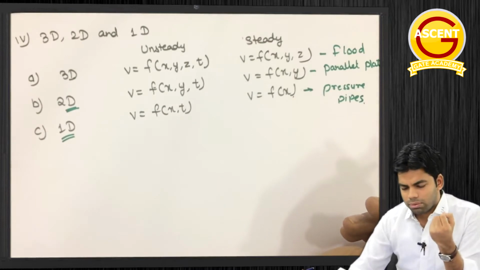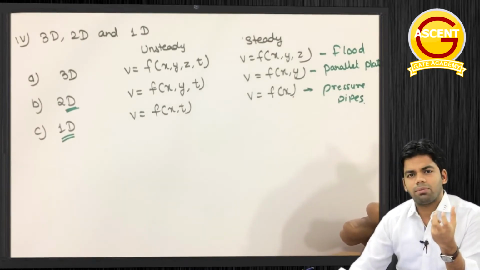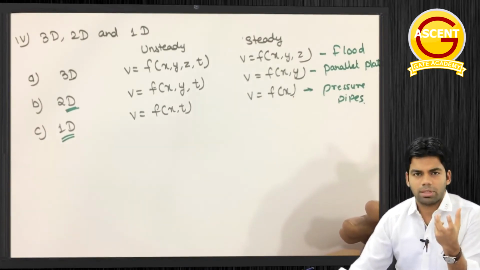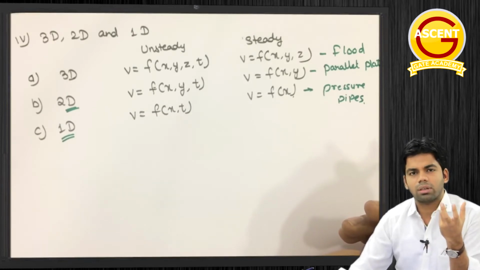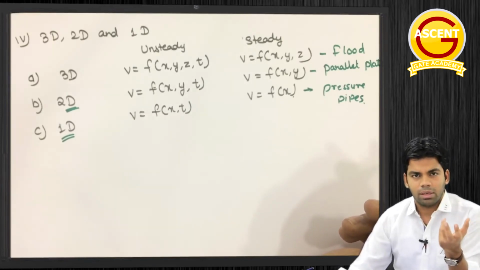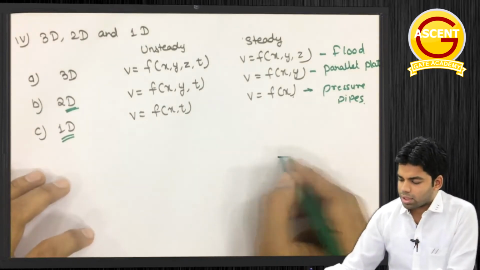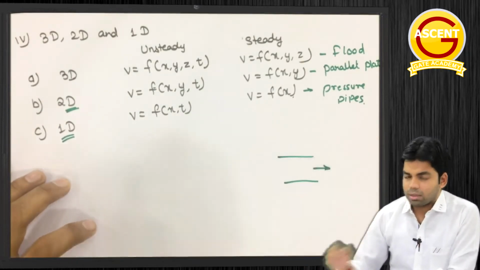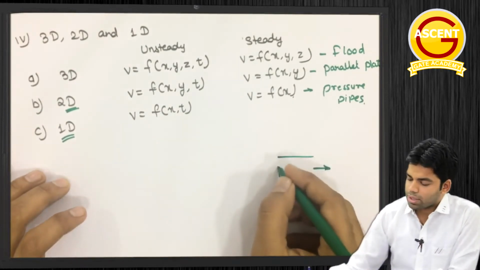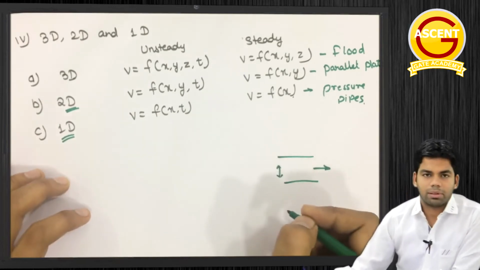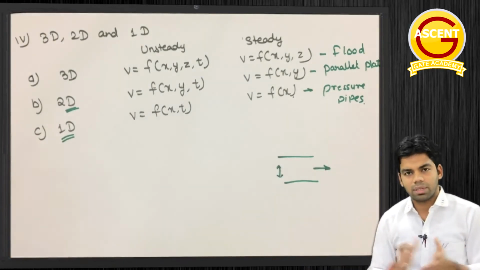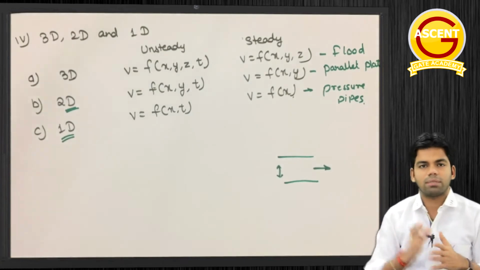Now this one-dimensional flow is actually practically not possible, because the velocity cannot change in just one direction. We may say that velocity is changing only in this direction, but the fact is that velocity always changes in the y direction also. As I told you, because of friction, because of viscous effect, the velocity always changes in the y direction.